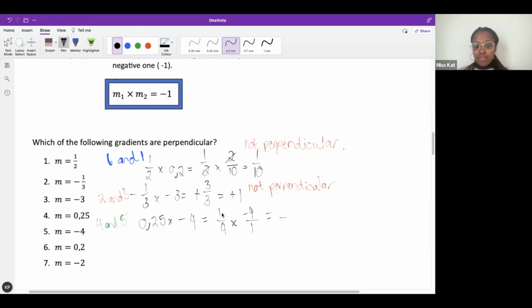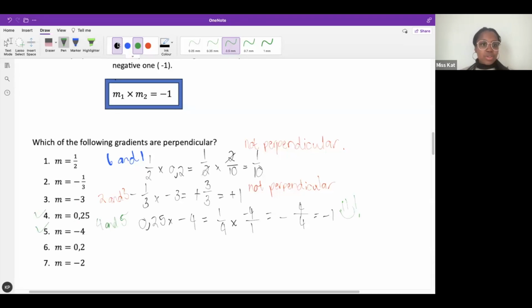A negative, okay? 1 times 4 is a 4. 4 times 1 is a 4. So the answer is -1. So are number 4 and 5 perpendicular lines? Yes, they are. I'm going to draw a happy face here and be like, yay, we found the first pair of perpendicular lines. That was number 4, number 5.